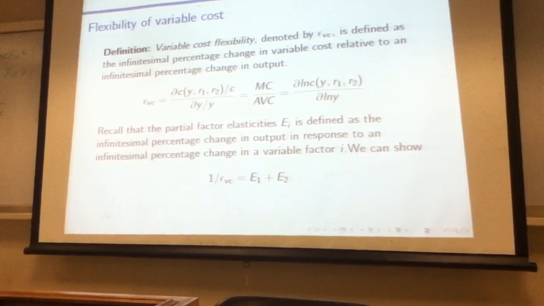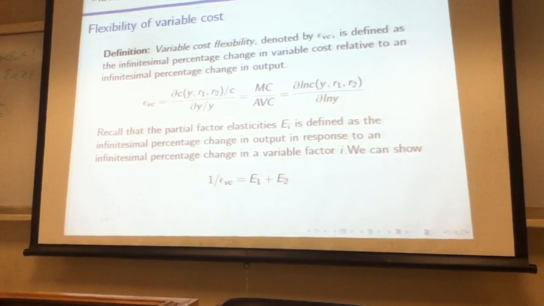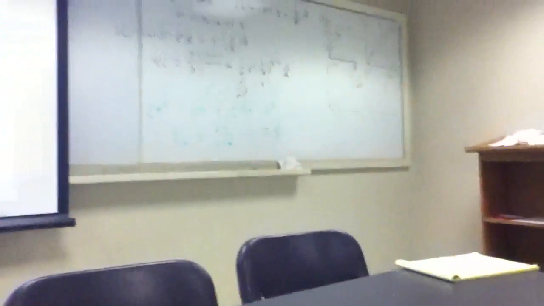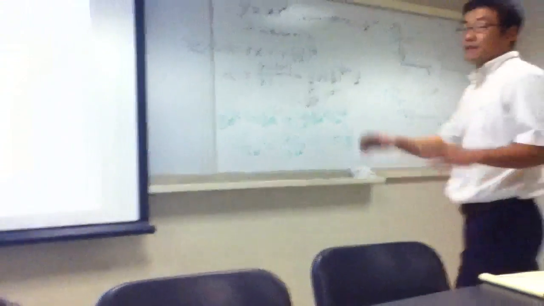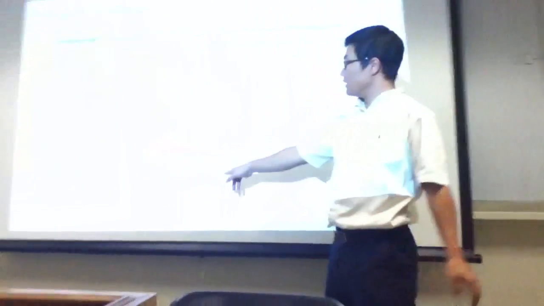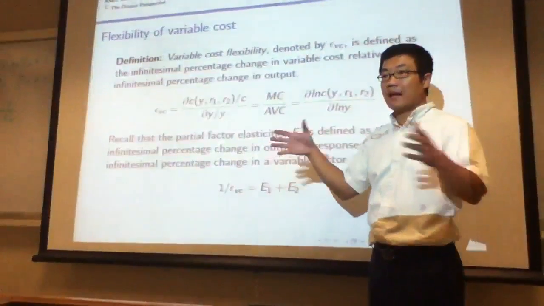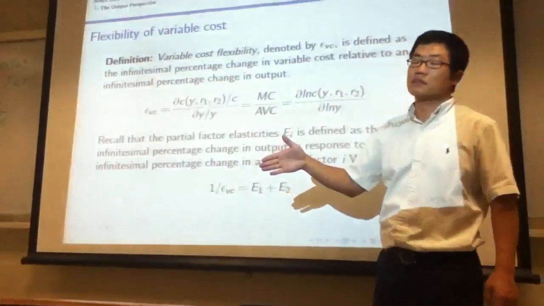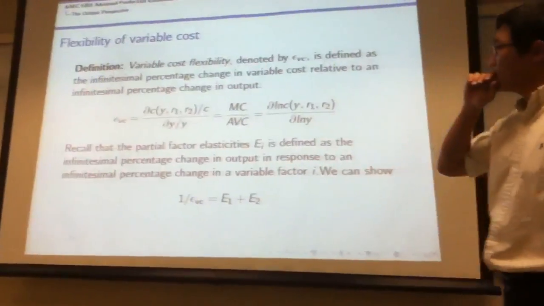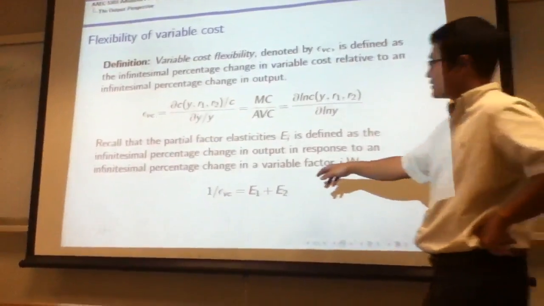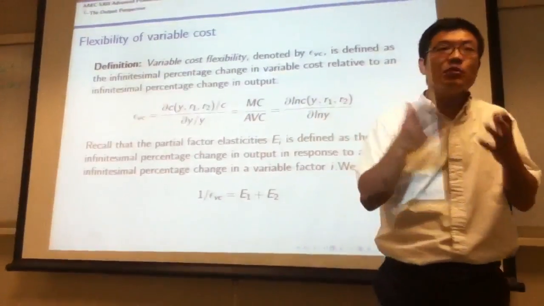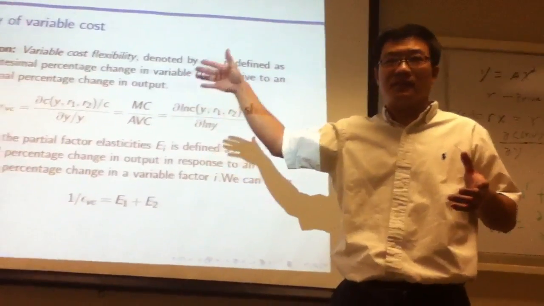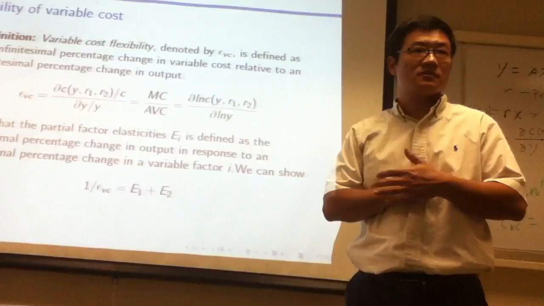I don't know if I talked about this, but the textbook does give a formal proof of this. If you have a homogeneous function, you get the partial elasticities. You add them together, you get the degree of returns to scale. Okay. So I'm not going to prove this, but the intuition is more important. Okay, the cost function is determined completely by the production function.